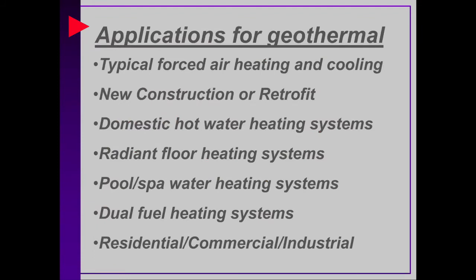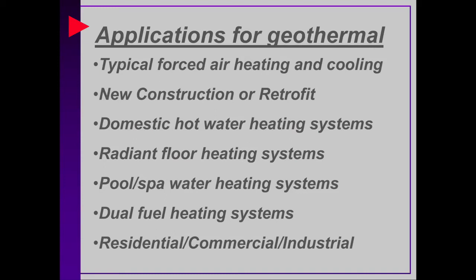Typical applications for geothermal could be any forced air heating and cooling system. It certainly can be new construction or a retrofit. Domestic hot water systems can do that. There are dedicated heat pump water heaters now that have been out for some time. Very, very efficient system.